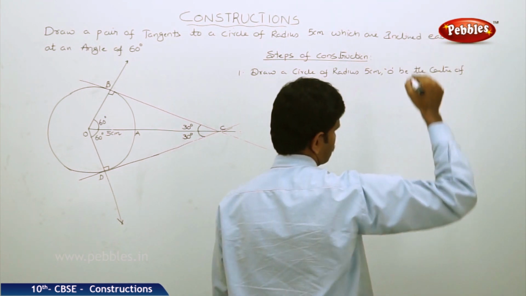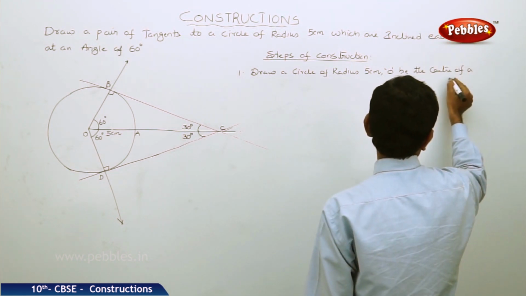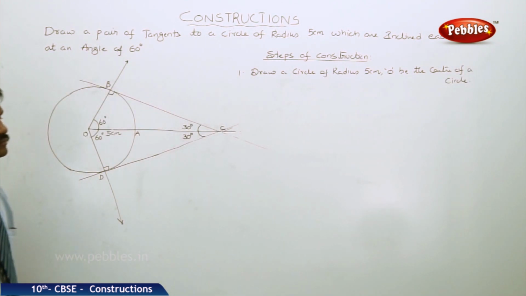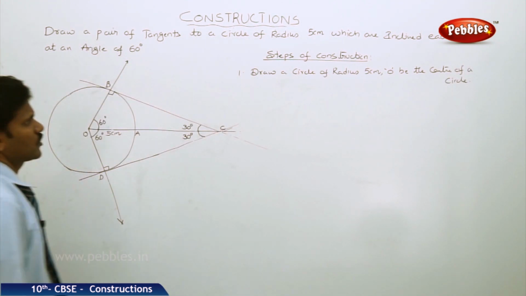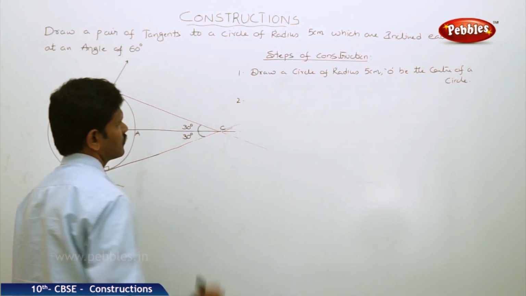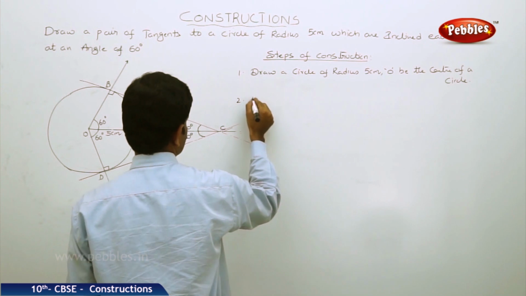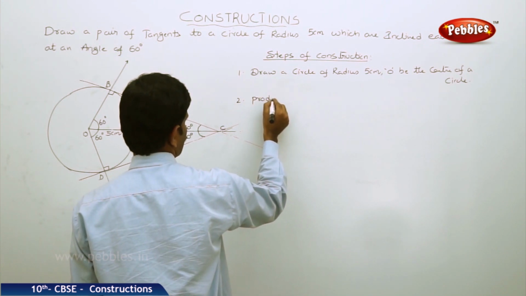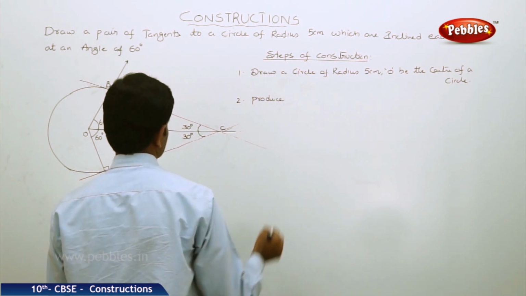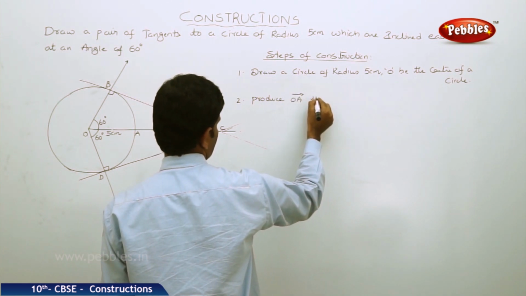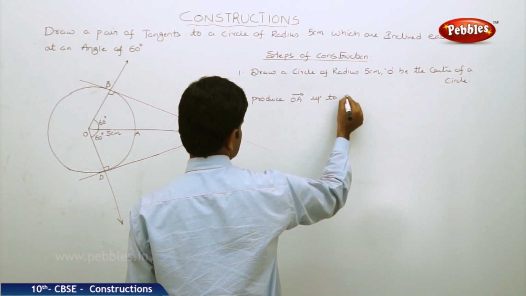Let O be the center of the circle. Second, produce OA up to some extent.